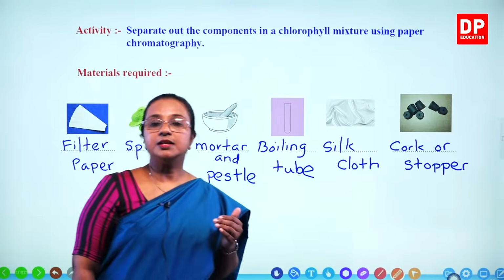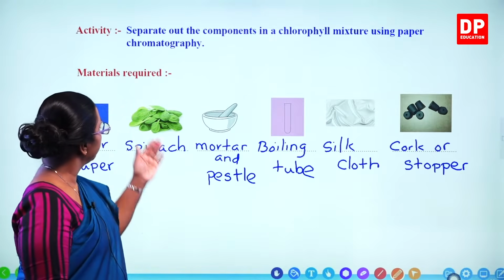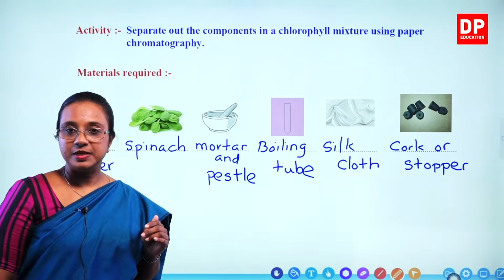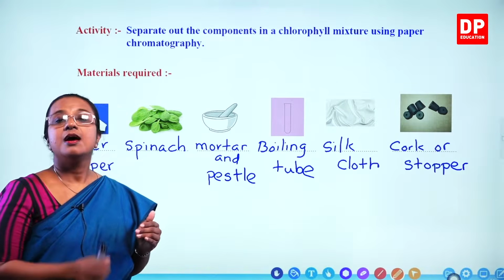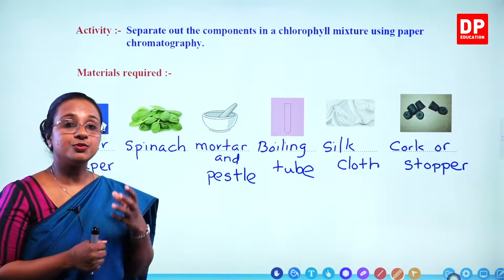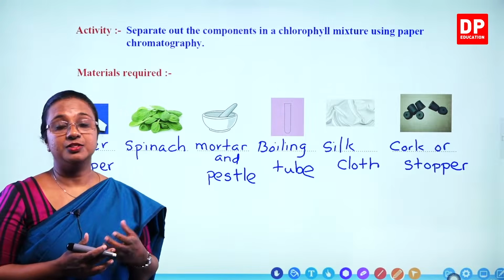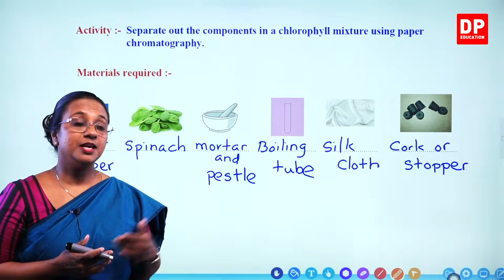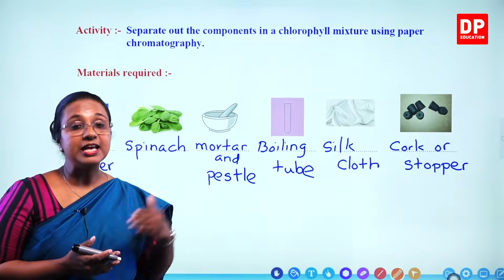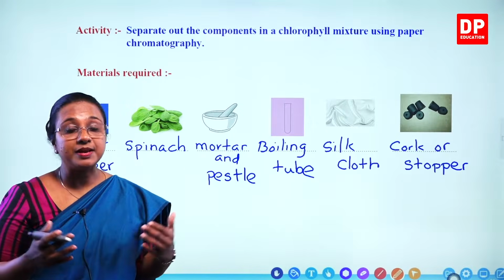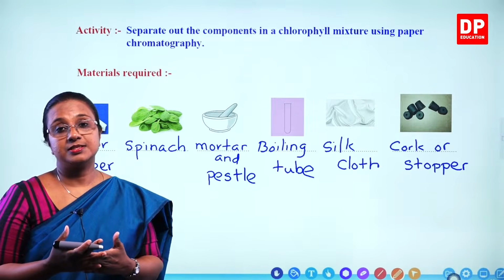Now this is what we are going to do. We need to take a few spinach leaves into the mortar and pestle, grind it nicely so that the chlorophyll, those are the colored pigments. If you remember, at the introduction we saw that this can be used to separate colored components.